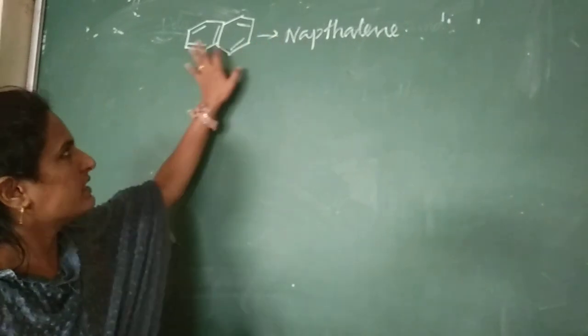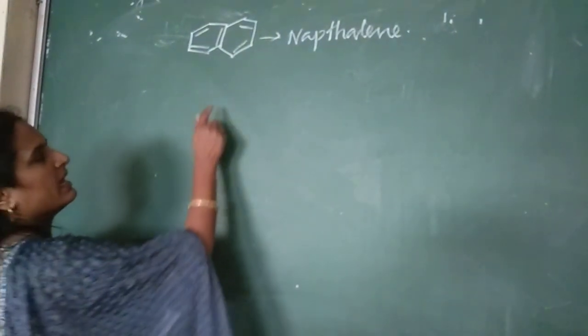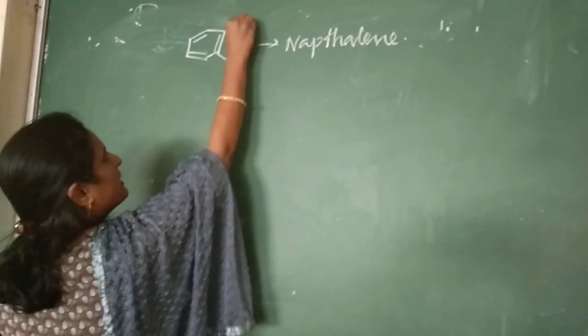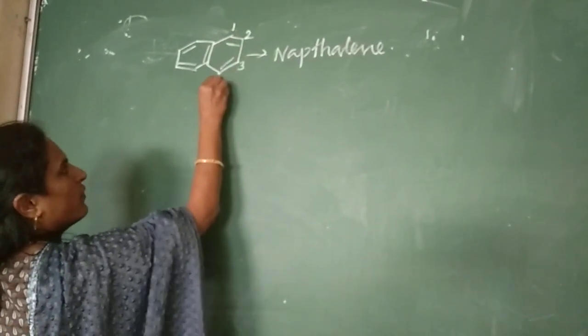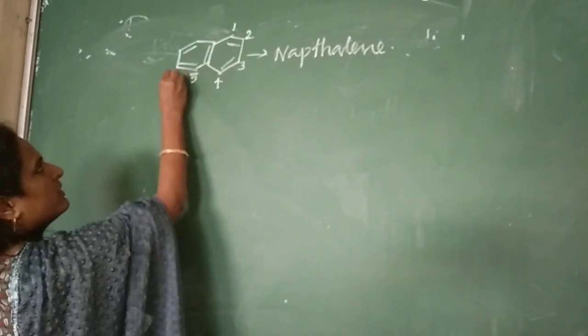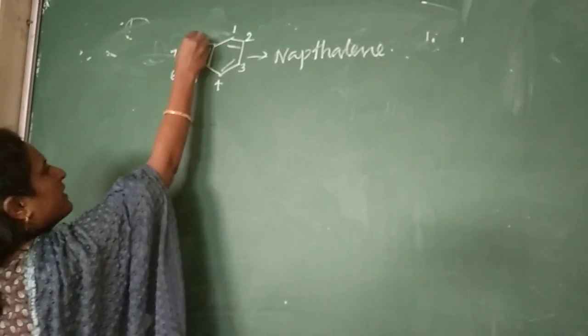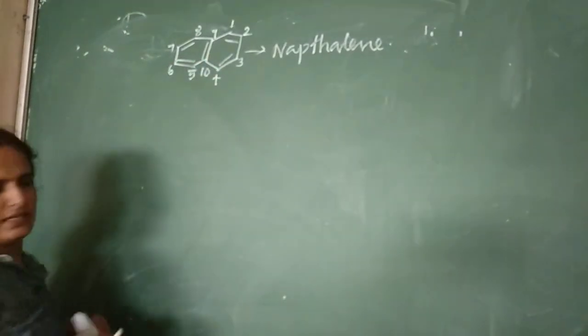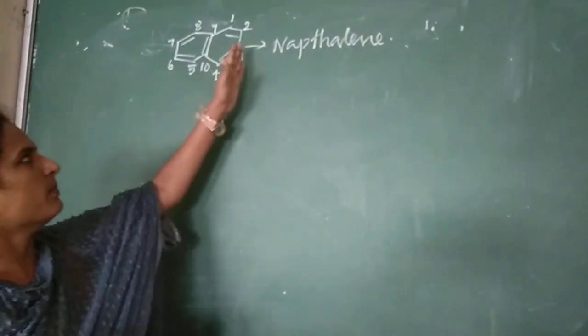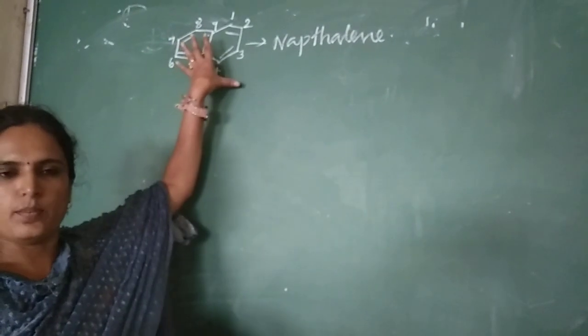Numbering starts from here: 1, 2, 3, 4, 5, 6, 7, 8, 9 and 10. Like this, we have to number the naphthalene compound.